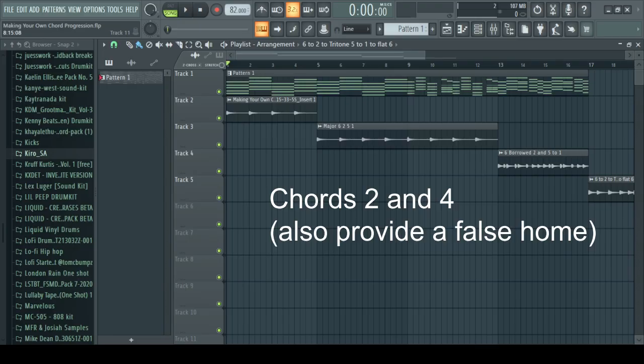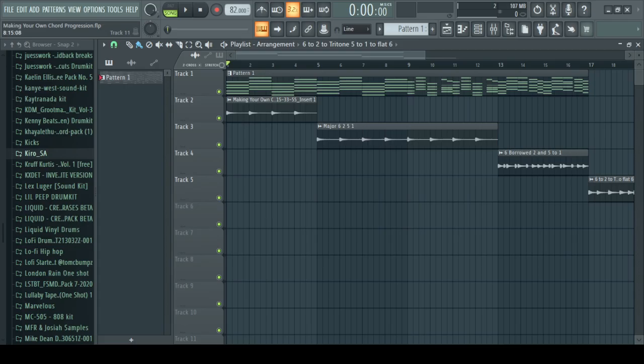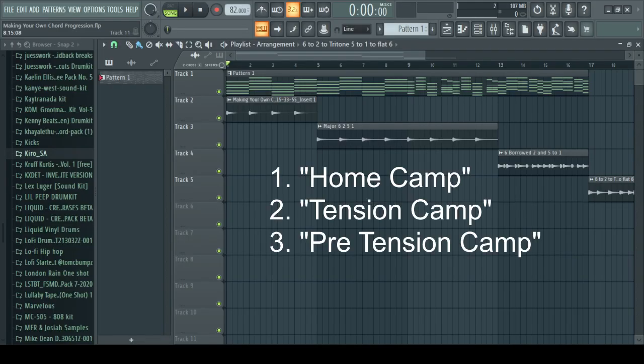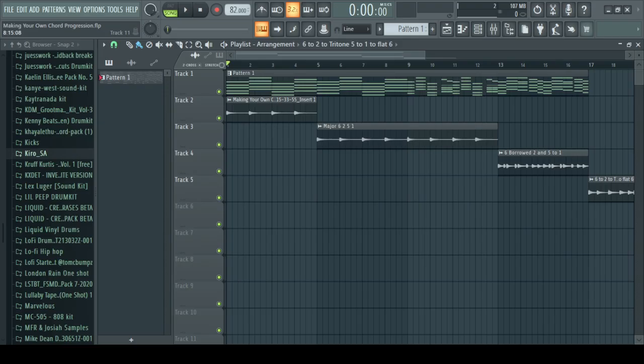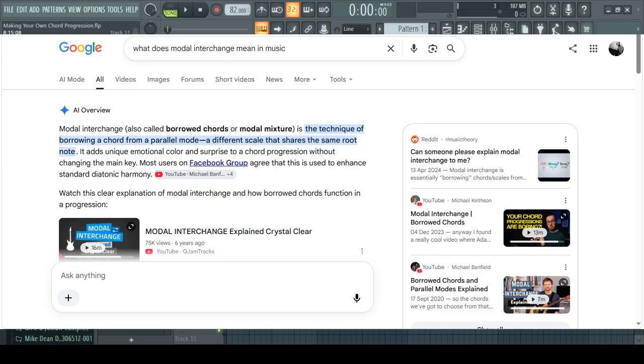The reason why I am giving you this information is because when we make use of modal interchange, we need to know what camp we are going to pull chords from. And if you're asking what is modal interchange, in short, according to Google, modal interchange, also called borrowed chords or modal mixture, is the technique of borrowing a chord from a parallel mode, a different scale that shares the same root note.